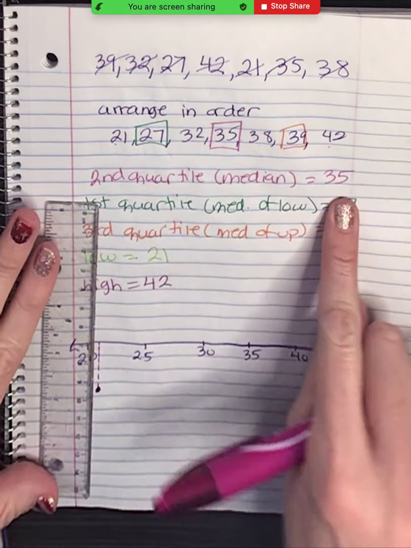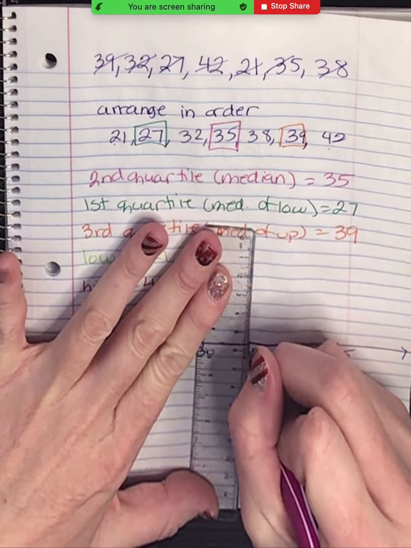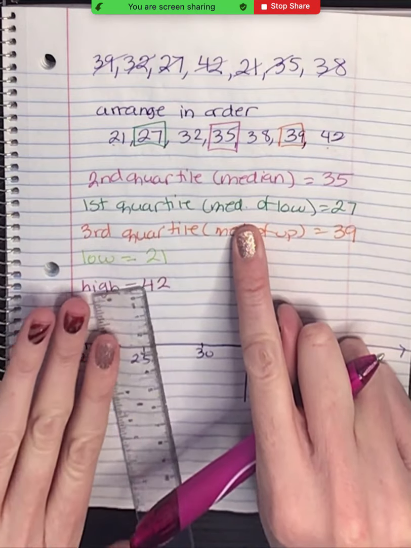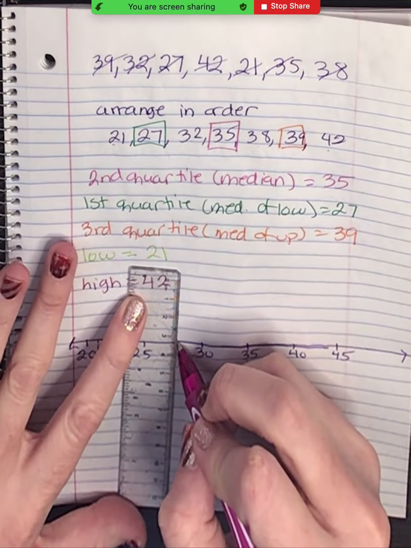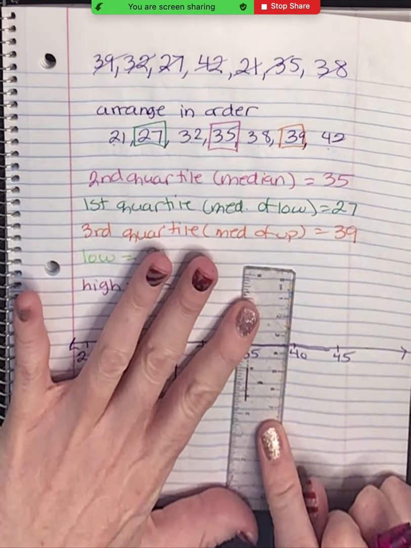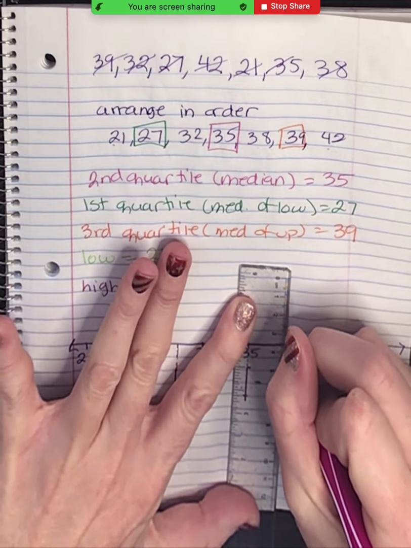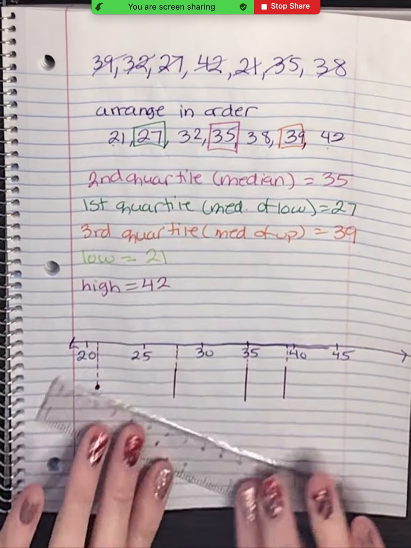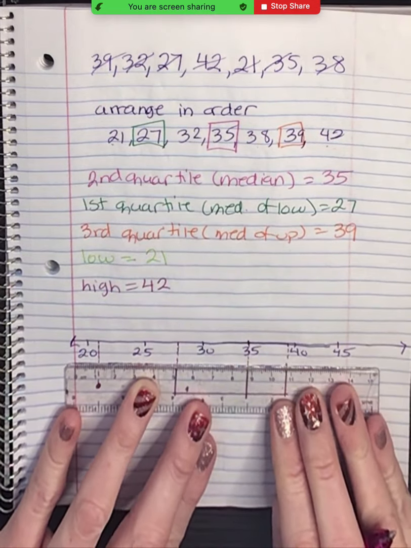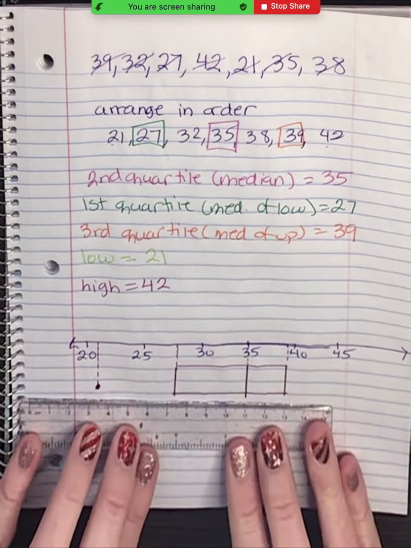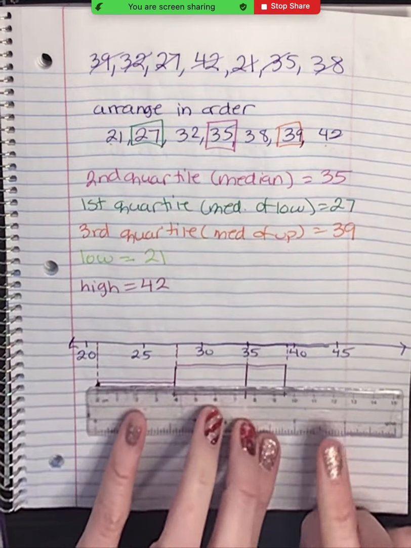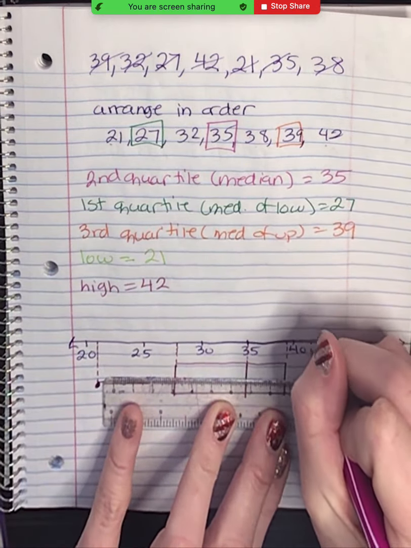Okay, second quartile first is 35. So I'm going to go right here. And I know that's a line. Okay? Then go to the first quartile, which is 27. And I make another line. And the third quartile is at 39. So I make another line because that's the quartiles. So they form my box. Okay, and then the whiskers I'm connecting to the low, so 21, and then to the high is 42, which is right about there.